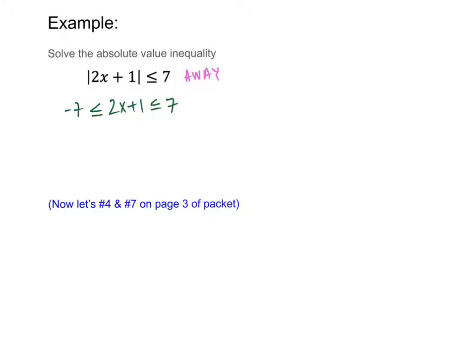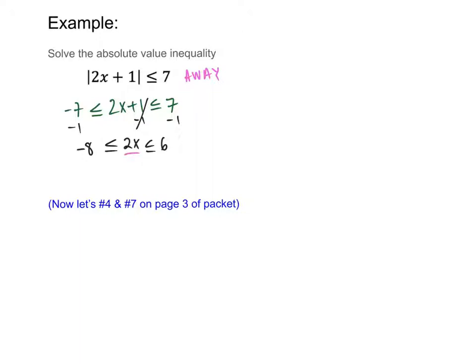From there, we're going to solve and try to get that x by itself. So we need to subtract 1. If you're subtracting 1, remember, you have to subtract it from both sides. So subtract 1 on both sides. That cancels, so we have 2x. 7 minus 1 is 6. Negative 7 minus 1 is negative 8.